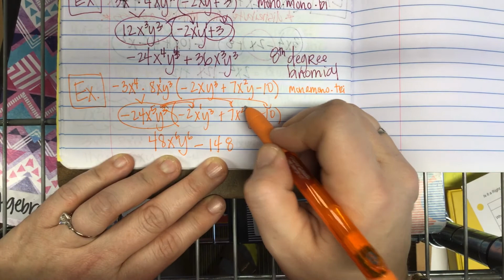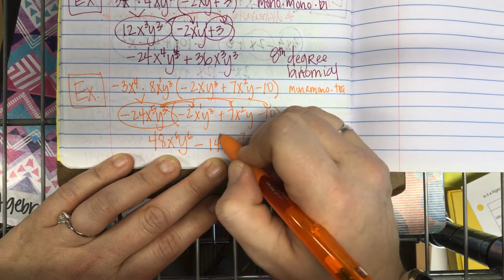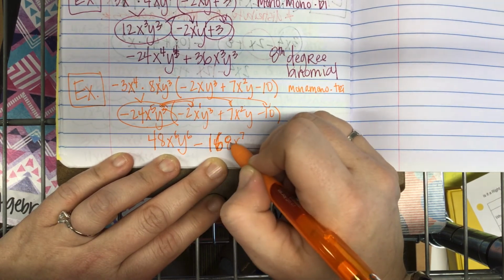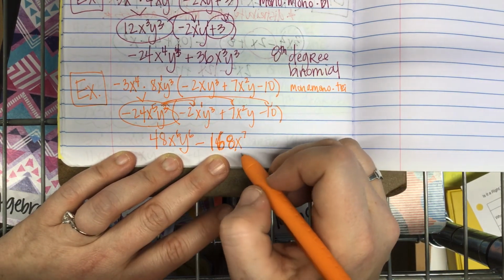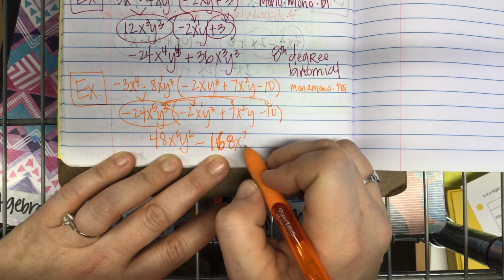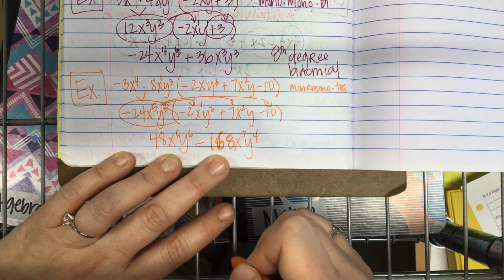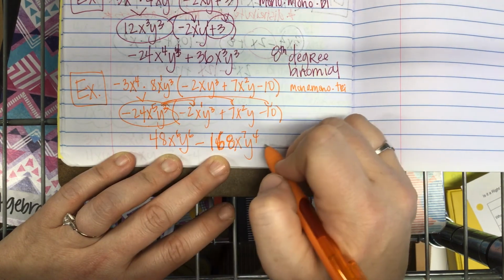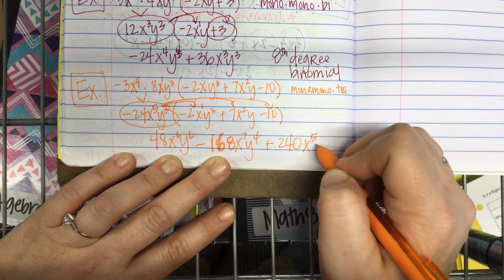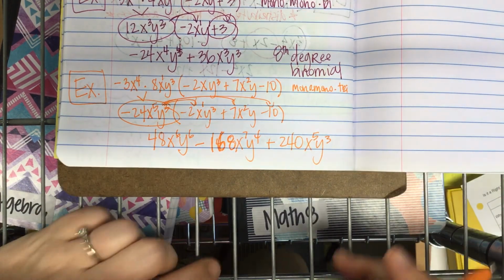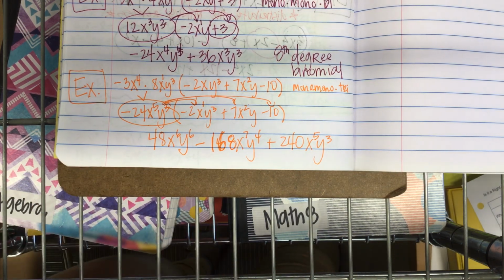X squared, x to the... You forgot a 20 in that. I forgot a 20 in it? 168, got it. X to the 7th. You're right, I did forget to carry my 2. Y to the 4th. Then positive 240, x to the 5th, y to the 3rd. This is big. It's beautiful!